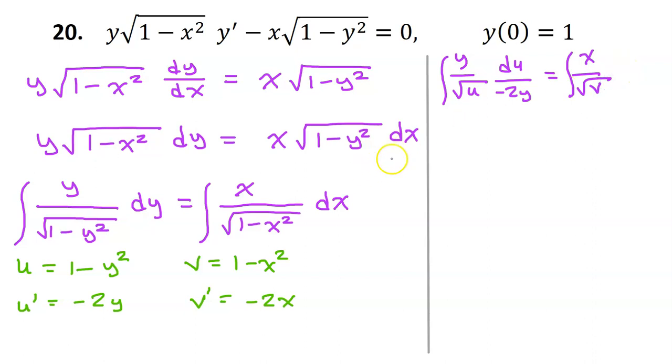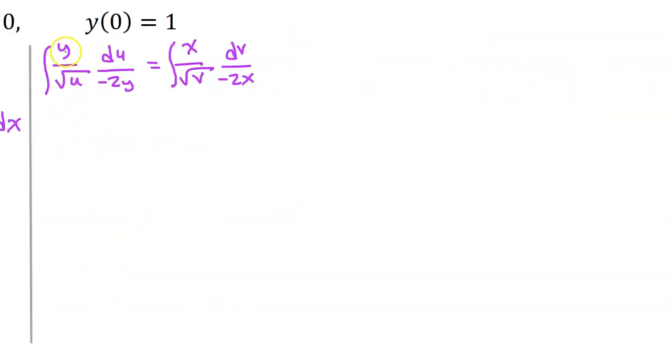And then instead of dx, we will write dv over v prime, which is negative 2x. On the left side, the y's cancel out. This negative 2 in the denominator will come out in the front as negative 1/2. So we have negative 1/2 times the integral of 1 over the square root of u du.